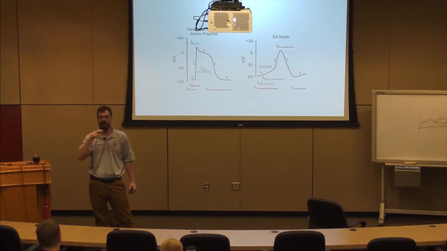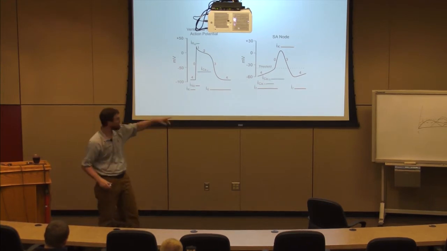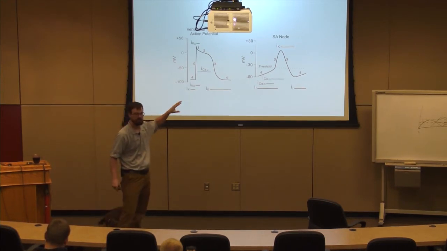Because I allow for this spontaneous depolarization to that point of an all or none threshold event, okay? So that becomes a pacemaker. It's just a specialized action potential that results from altering the population of channels and receptors on that cell or that cluster of cells, okay? That makes sense?